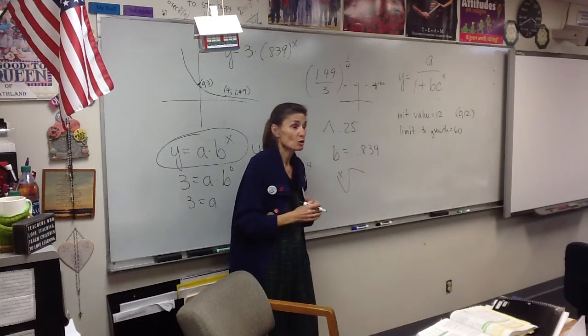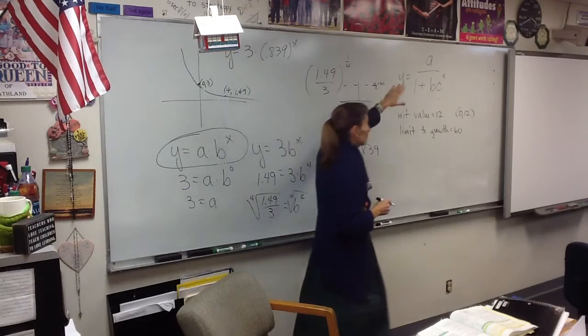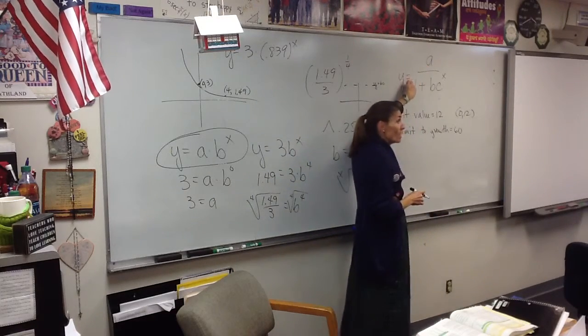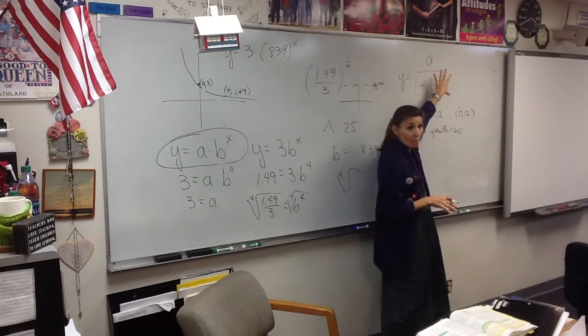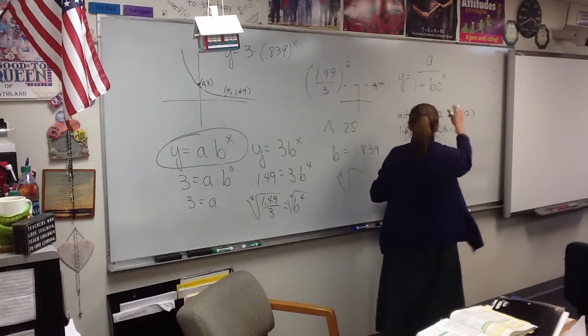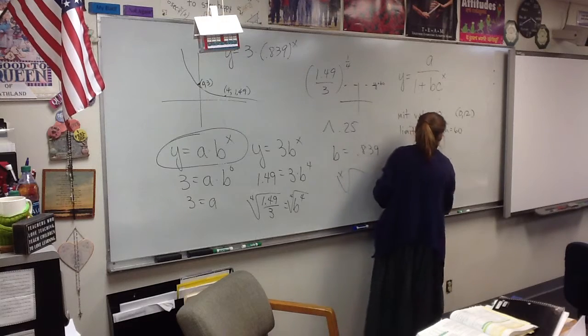Anybody remember where that shows up in the equation? That's A. That's A automatically, as long as this is a 1, which it's going to be every time you write your equations because you're using this format. That's your limit to growth. So already we know 60 over 1 plus BC to the x.